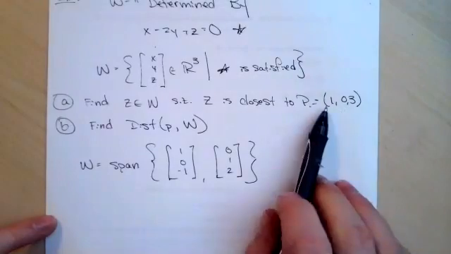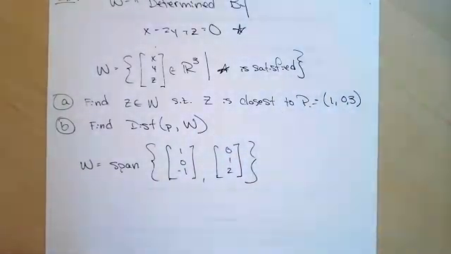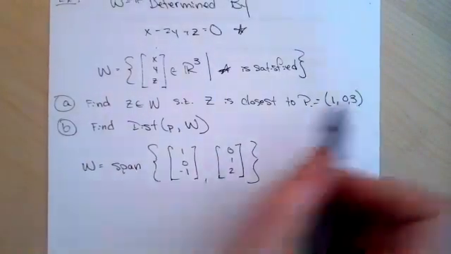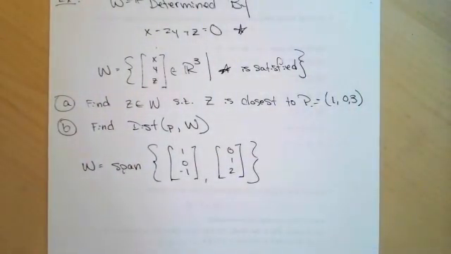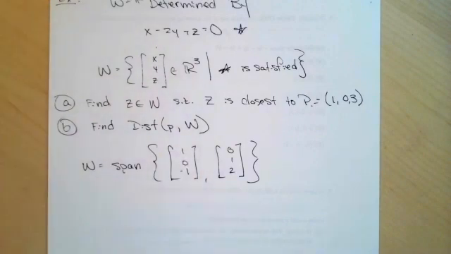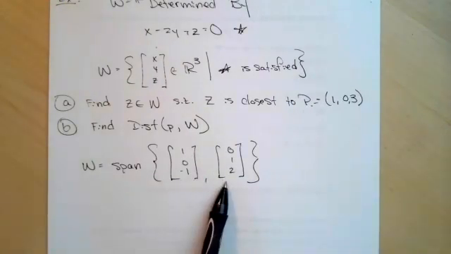Since we want to take this P, even though it's a point, we can turn it into a vector from the origin pointing to that point, and break that vector down into components parallel to W and perpendicular to W. When we do that with our projections, the projections won't work if the bases for W aren't orthogonal.